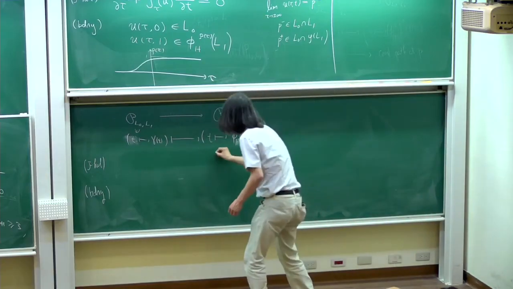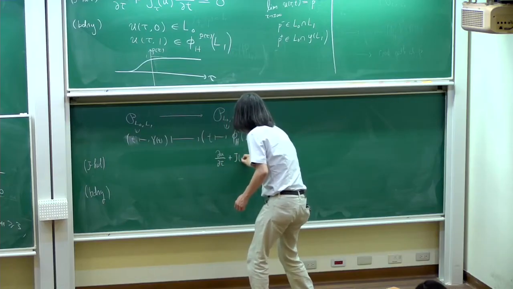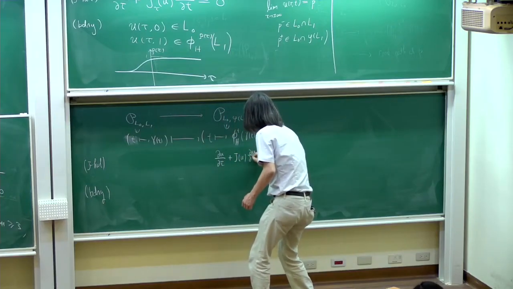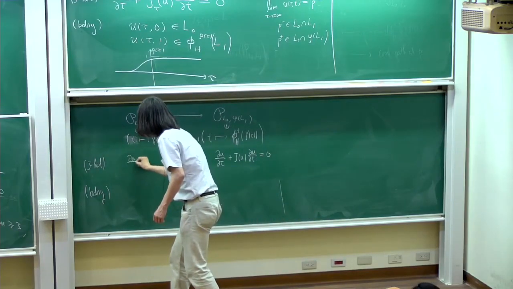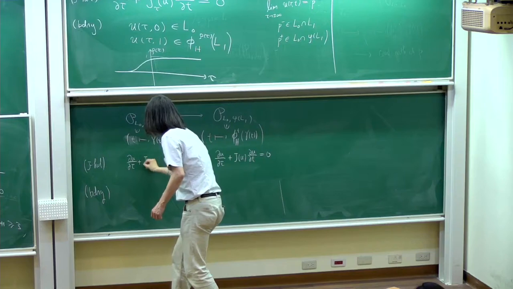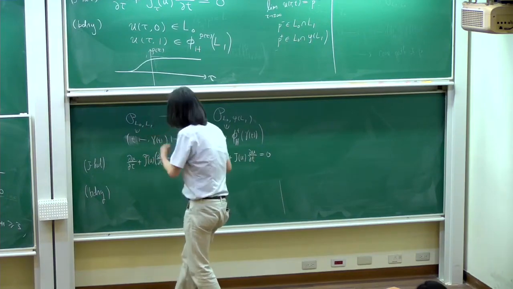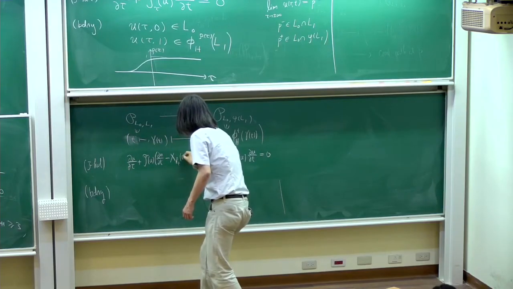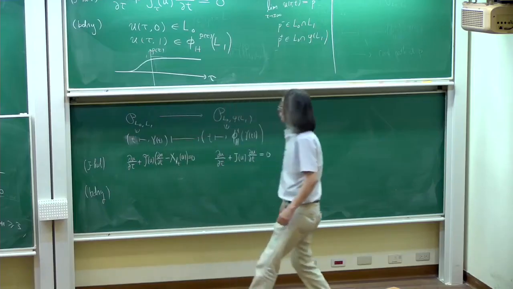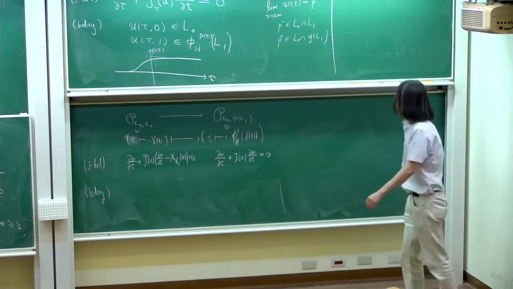So here I consider du/dτ plus J_u du/dt is equal to 0, sorry. And this side I consider du/dτ plus J tilde_u du/dt, maybe minus this X of H_t of u, is equal to 0. Sorry, this way. So I just write it in the opposite order.